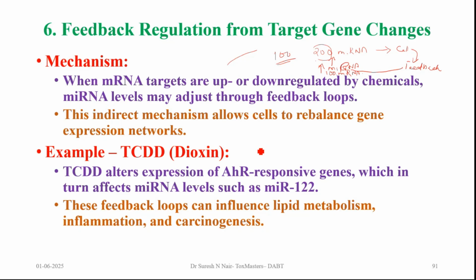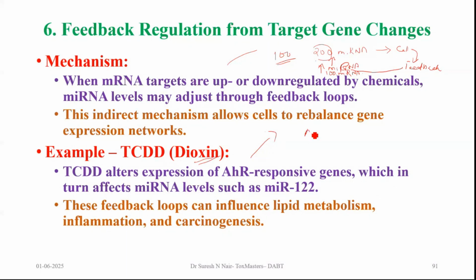Okay. So the classical example of such a feedback regulation is with dioxin. Dioxin increases the responsiveness of the mRNA of many genes, and that will increase the level of miRNA by this feedback mechanism.